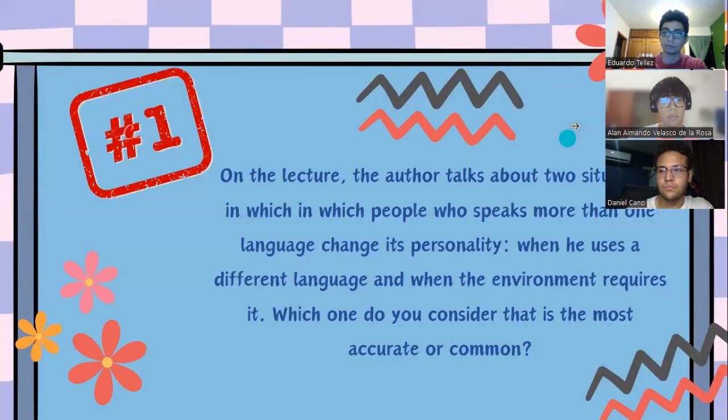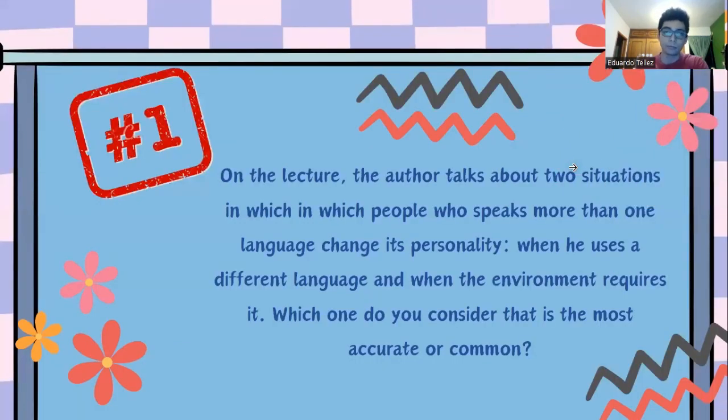So, first of all, in the lecture, the author talks about two situations in which people who speak more than one language change their personality. In this case, the author says they made a study in which they asked Japanese people who speak English, and a lot of them said they express their emotions in a better way in one language, their dominant language, to be specific.